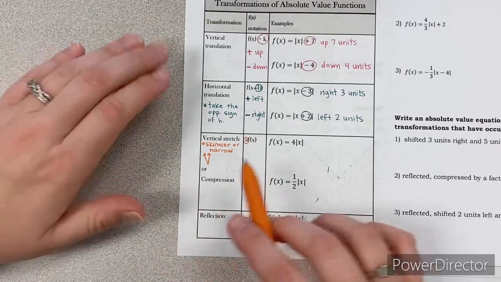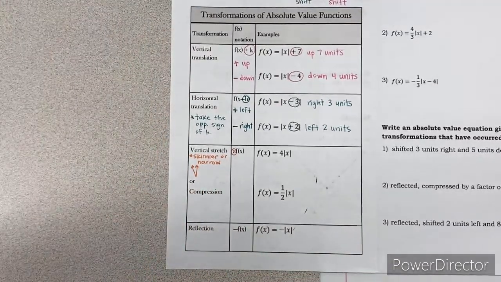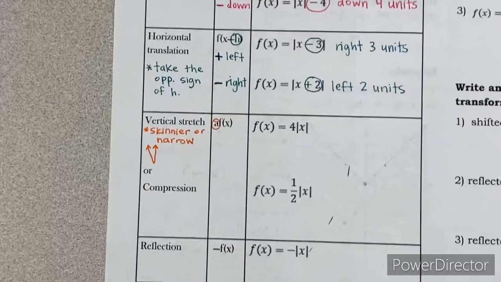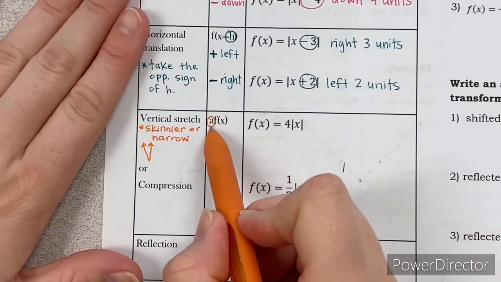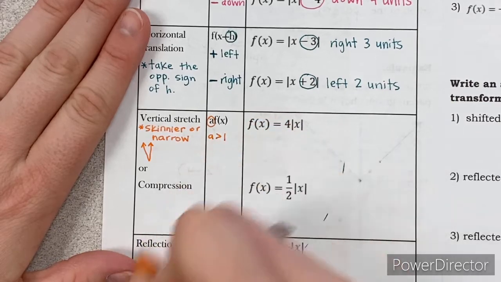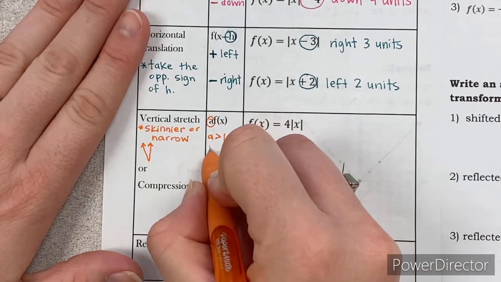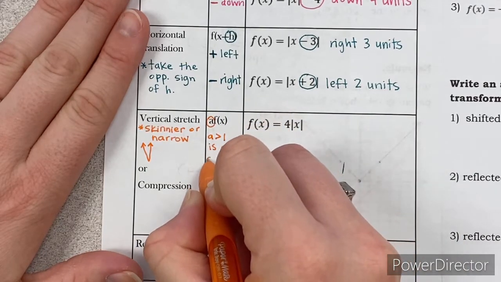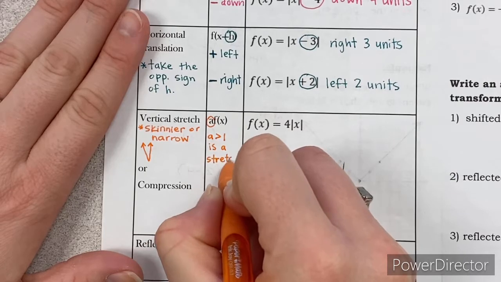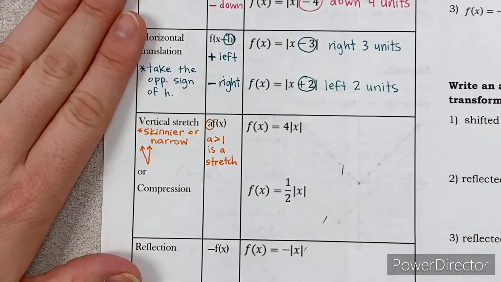Okay? Now, how we determine if this is actually what is happening goes back to that A value. So we're looking at that A value. If A is greater than 1, so A bigger than 1, it's going to be a stretch. So A is greater than 1 is a stretch.